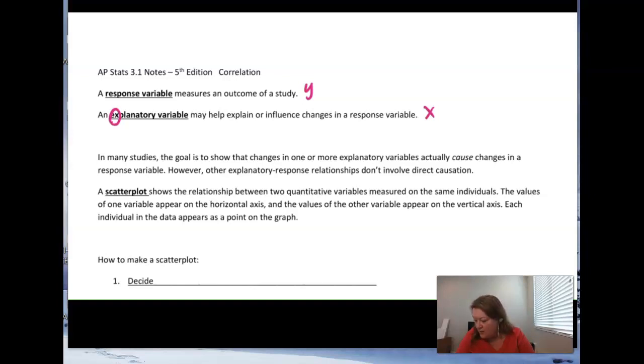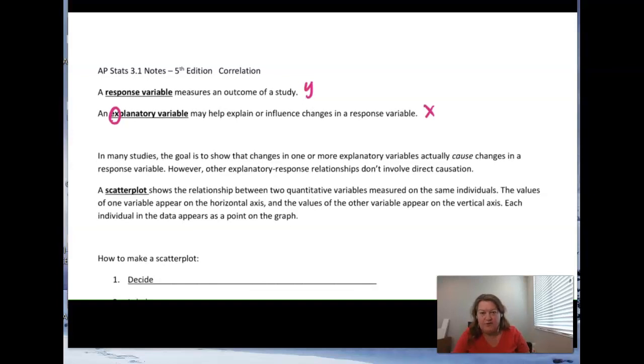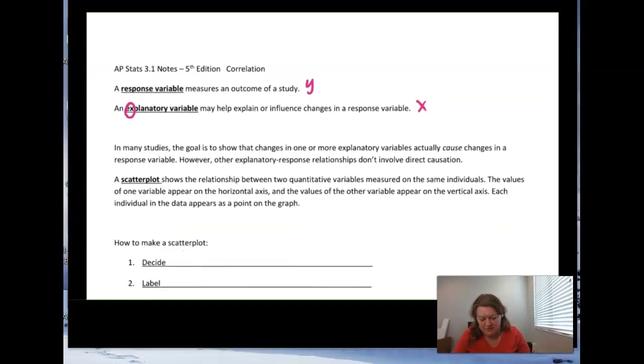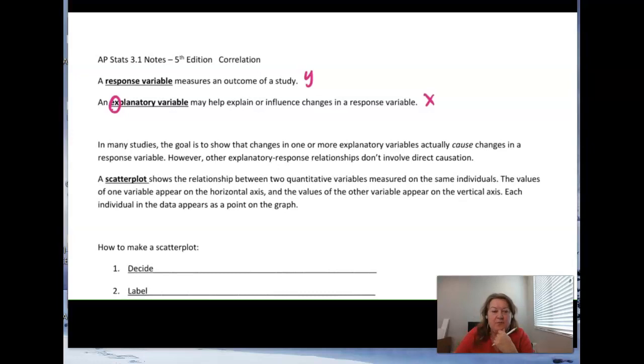All right, so when would I use two variables? Well, maybe I'm interested in finding out, if we would have been in school, we would have been doing a starburst activity. And we would have been trying to figure out if there's a relationship between the size of my hand and how many starbursts I could pick out of a bowl using just one hand. So I'm going to write that down as a question.